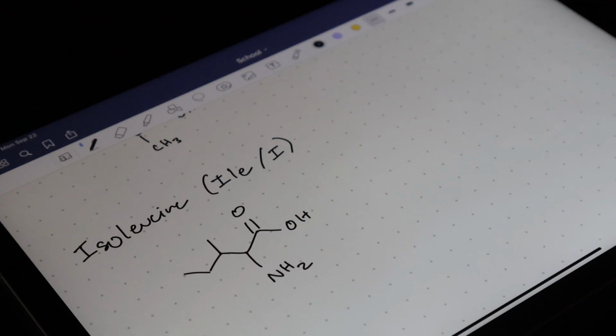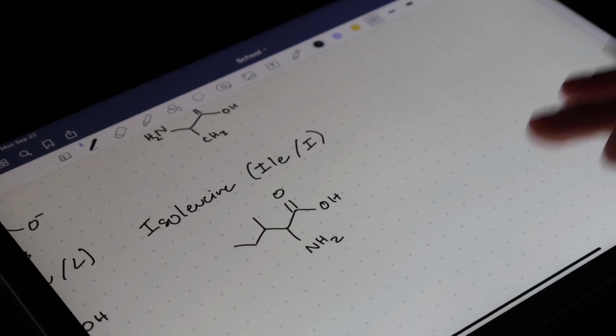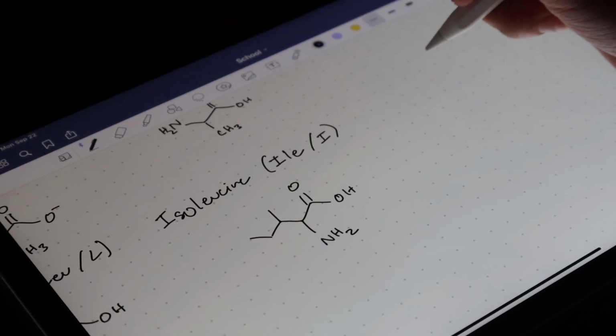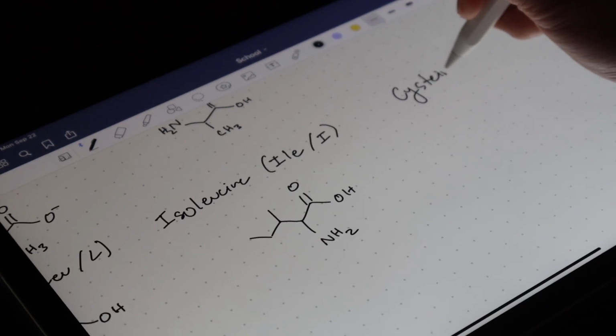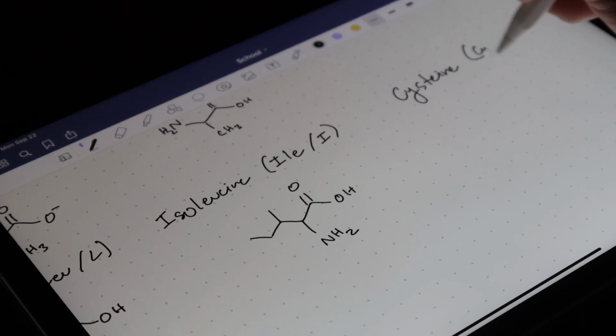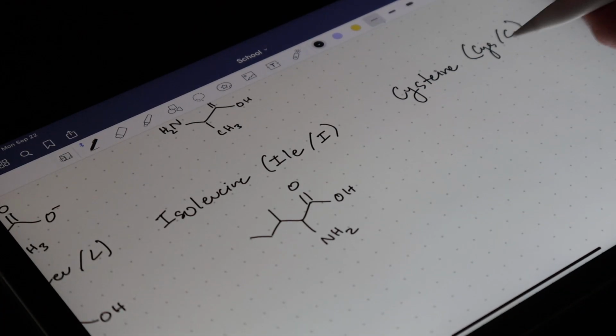Now getting into some of the more interesting amino acids, I would say. Next we'll do cysteine, which is CYS or C. Back to that similar pattern.